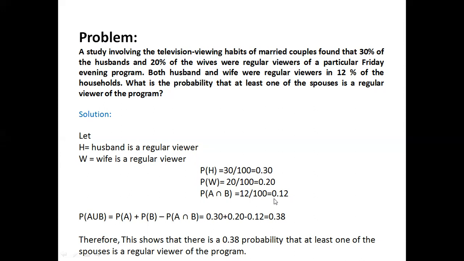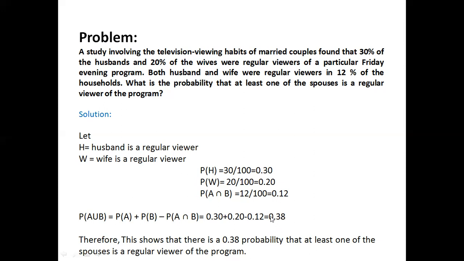As you know the formula, the probability of A union B is the probability of A plus the probability of B minus the probability of A intersection B. Putting in the values 0.30, 0.20 and 0.12, with a simple calculation you get 0.38.